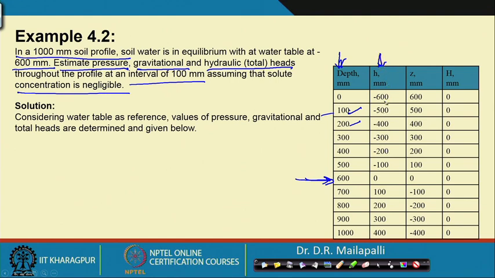So, pressure is negative above that, whereas pressure below that is positive, and Z is elevation. Above the water table the elevation is positive, whereas below the water table elevation is negative, and the total hydraulic head is going to be 0 with these negative and positive effects. Okay.